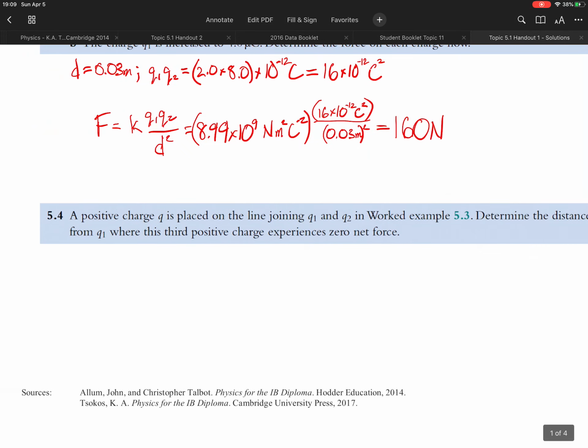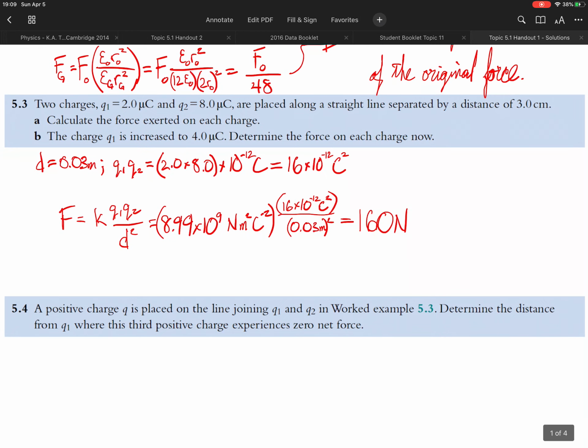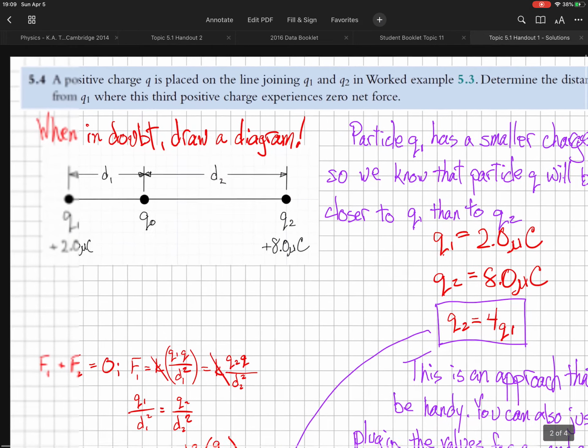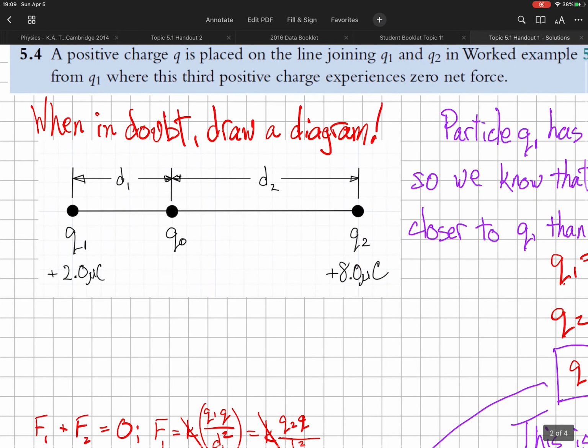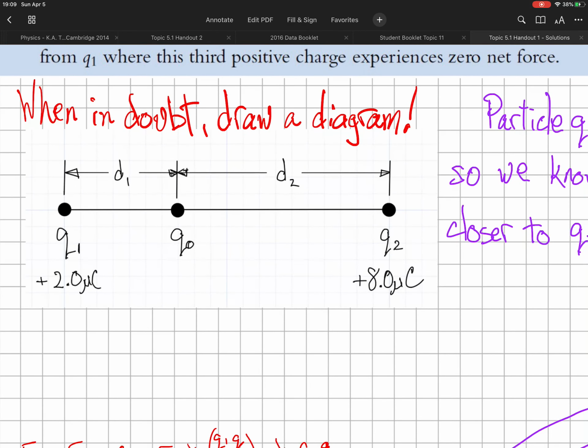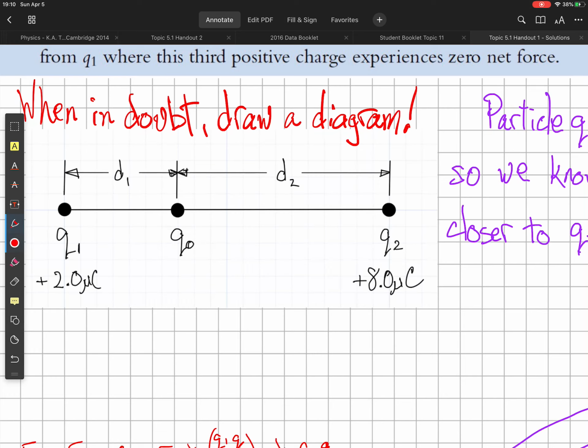Okay, so let's take a look at 5.3 just really quickly. So we have a charge of 2 microcoulombs and 8 microcoulombs. So that tells me right away that this charge, which I've called Q sub 0 here, is going to be closer to the smaller charge than it is to the larger charge.